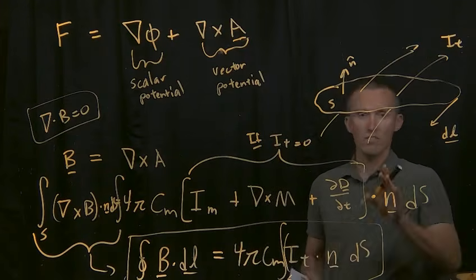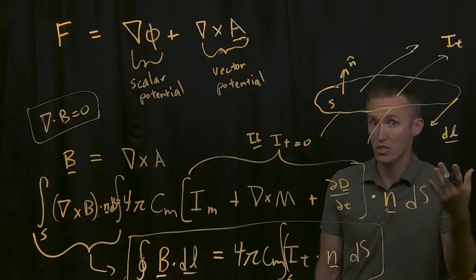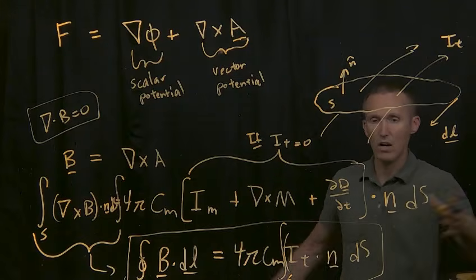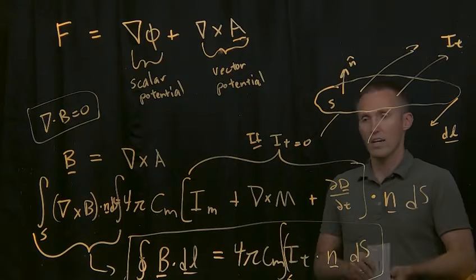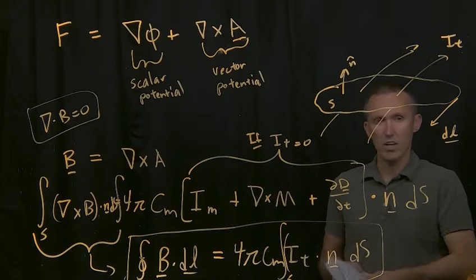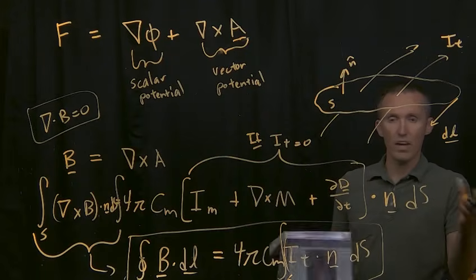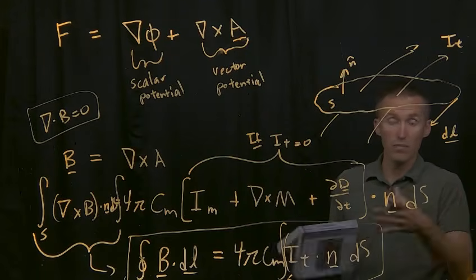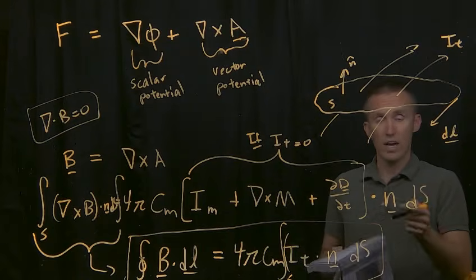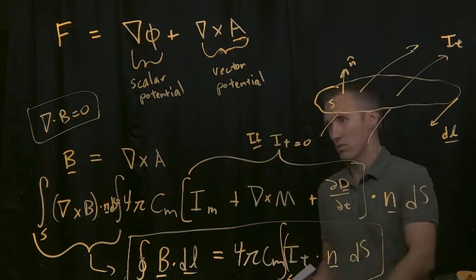Now, in many geophysical situations, currents are negligible, right? We're measuring the magnetic field out in the air, out in the open, and so we can neglect currents. And so the magnetic field away from any currents is going to behave as a scalar potential field.